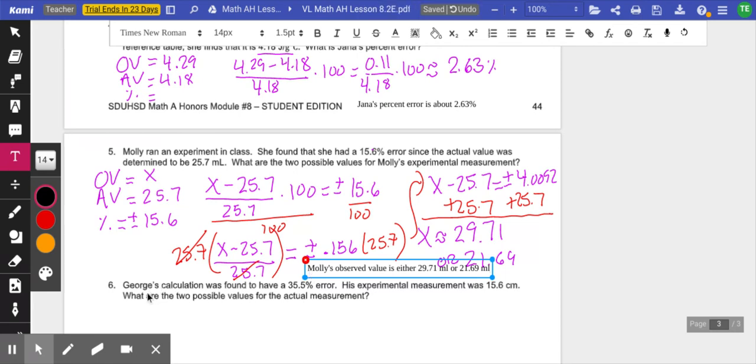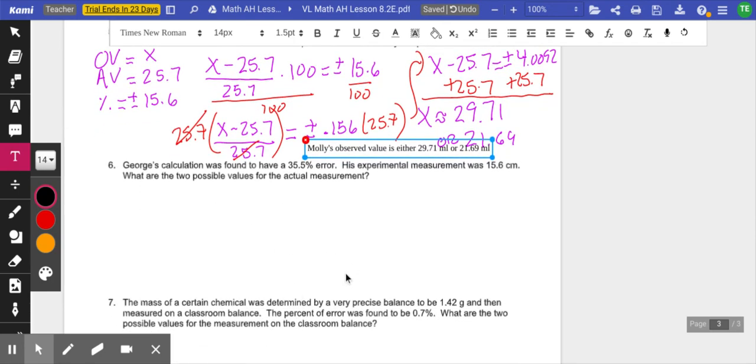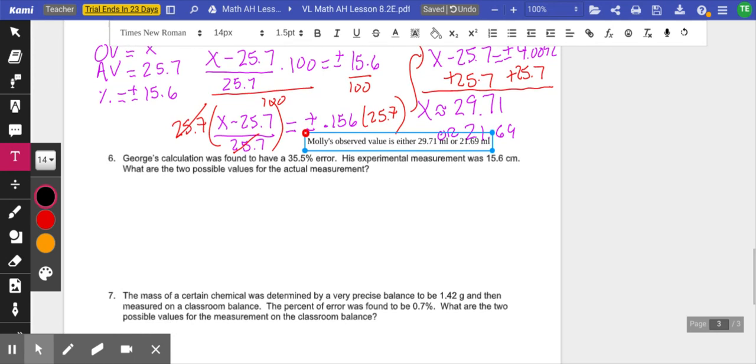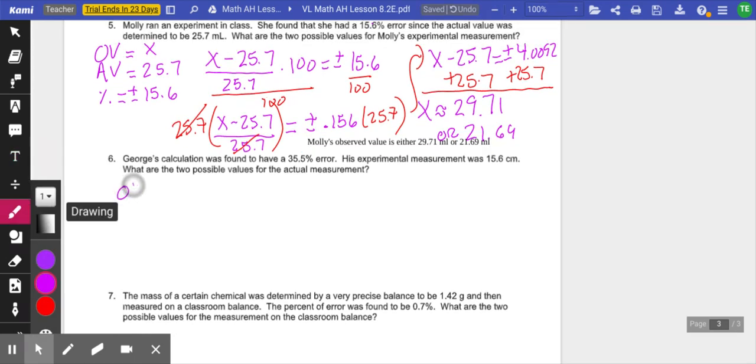Okay, so here, George's calculation was found to have a 35.5% error. His experimental measurement was 15.6 centimeters. What are the two possible values for the accepted measurement? So on this one, I list out my stuff: observed value, accepted value, percent. I figure out what information I have in the problem.